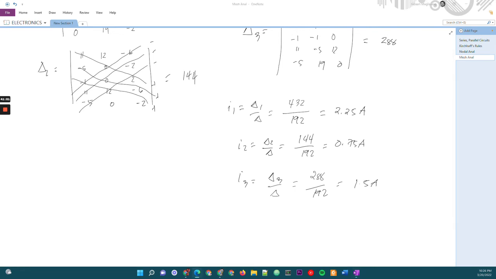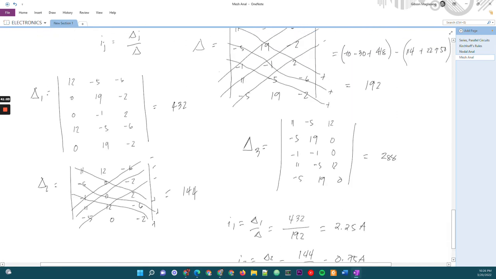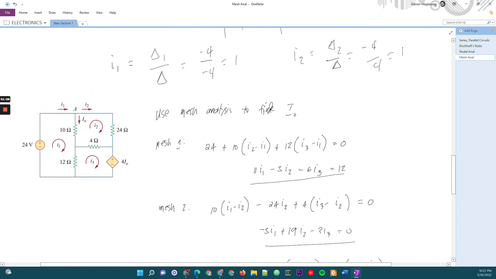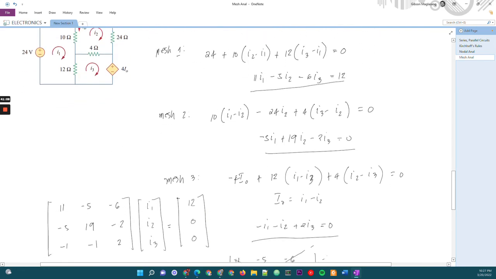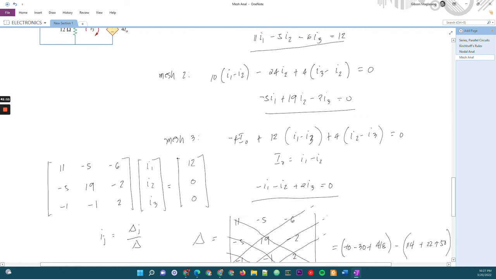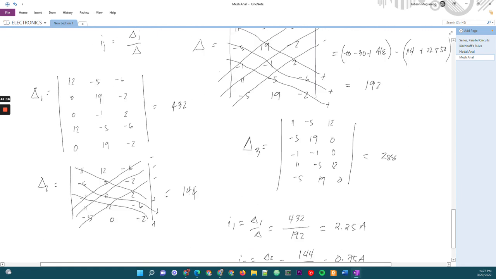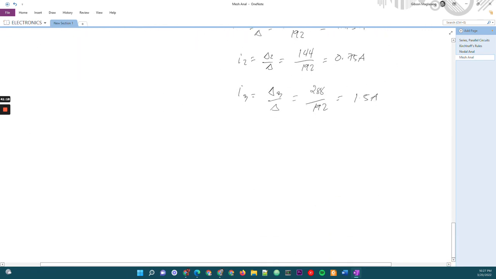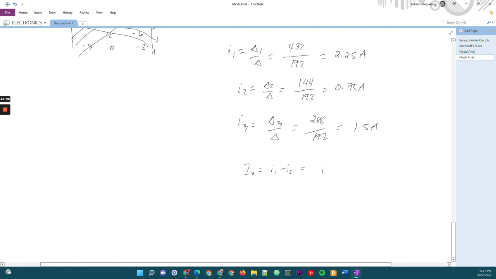Then we go back to our question, which is, what is I0? Find I0. We know na ang I0 is given by this. Mamani ang I0, diba? So, ato na siyang i-substitute diha. Let's go back here. So, I0 is just 2.25 amp minus 0.75.